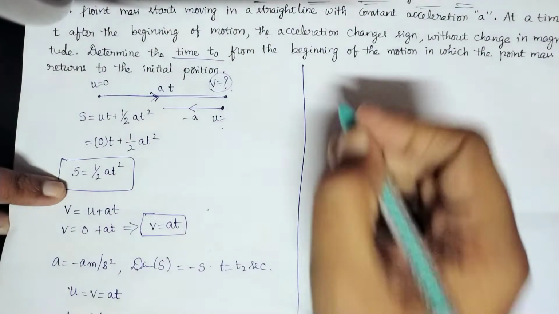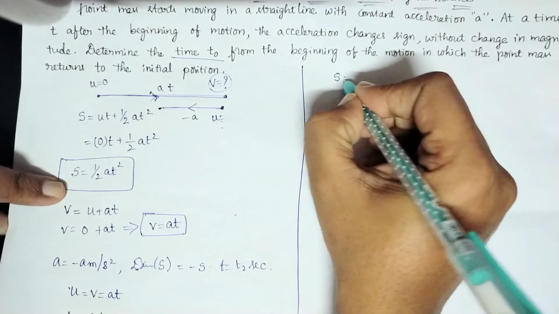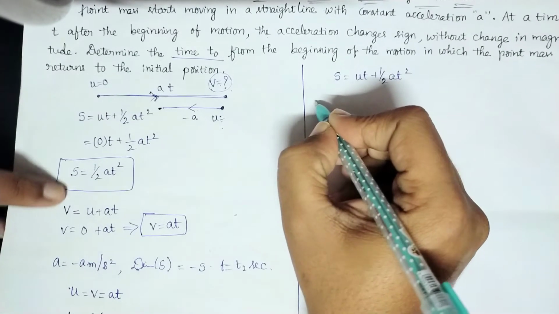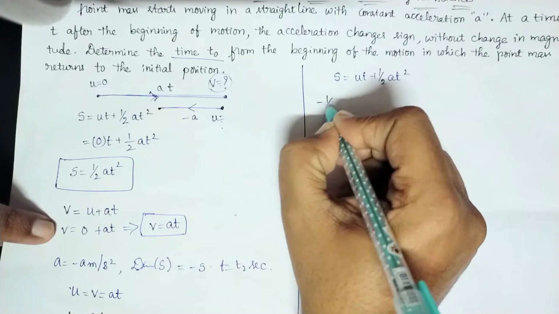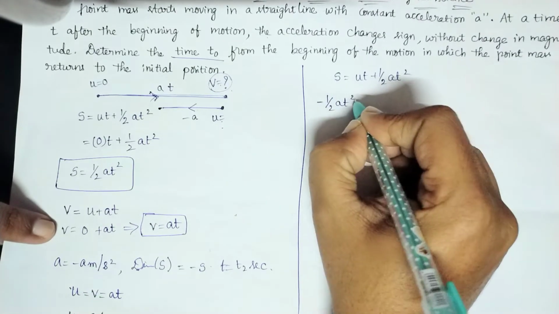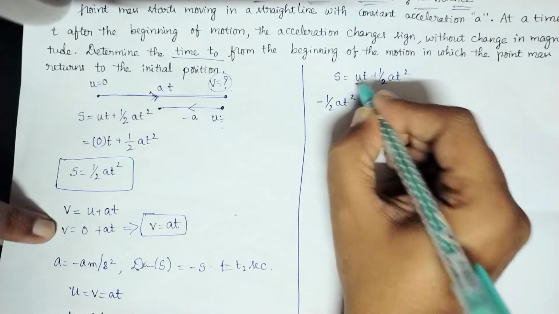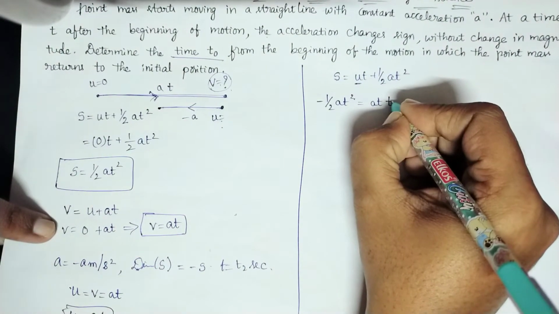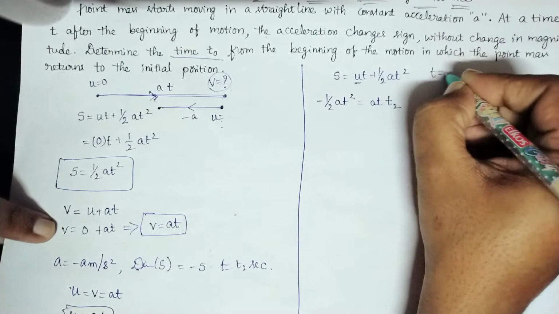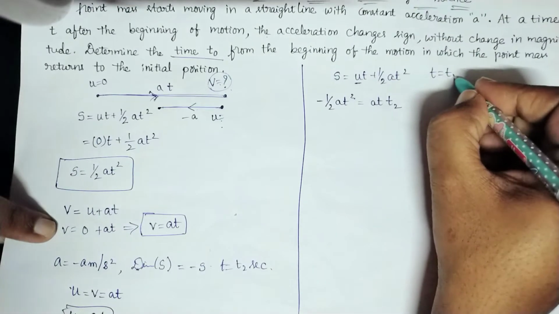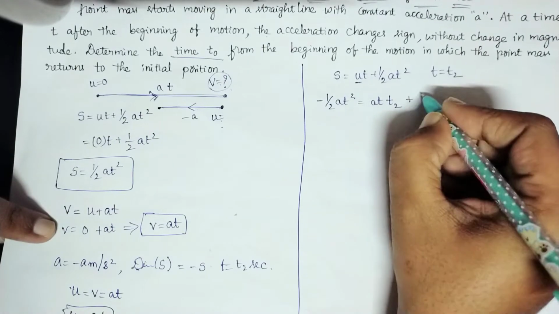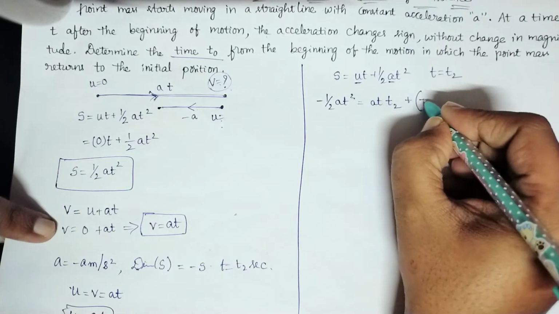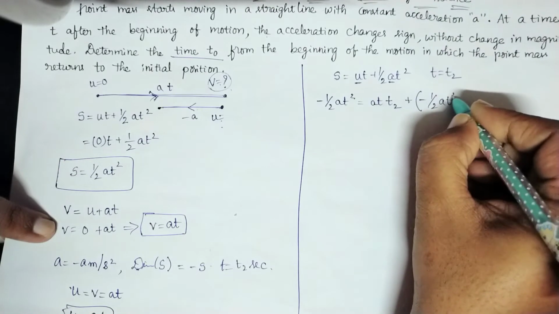Let's substitute all values. Again we use the formula: displacement s is equal to ut plus half a t square. Here s is minus s, so minus half a t square is equal to u, which is at, times t, which is t2, plus half, with the acceleration changed, minus half a t2 square.